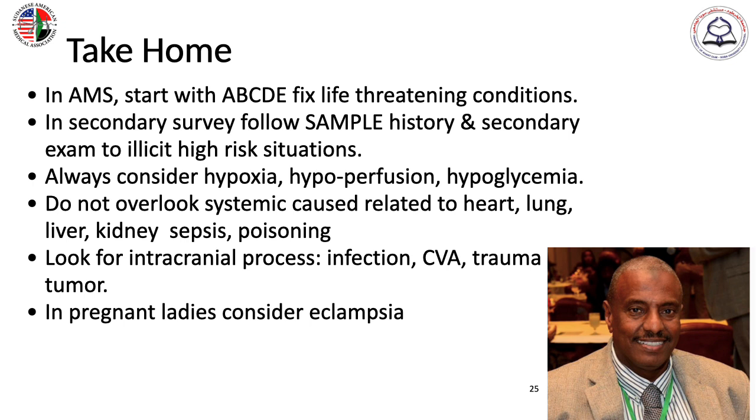Do not overlook systemic causes of altered mental status related to heart disease, lung disease, liver disease, kidney disease, sepsis, and poisoning. Look for intracranial processes like infection, meningitis, encephalitis, cerebrovascular accident, trauma, and tumor. Whenever you suspect trauma, immobilize the cervical spine. And in a pregnant lady, consider eclampsia. And thank you.